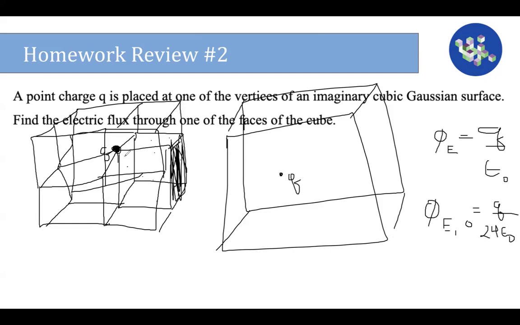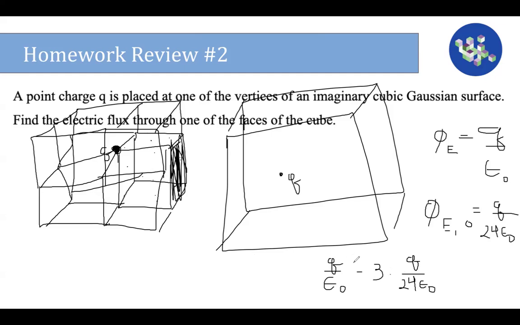Now let's find the inner faces, the ones that are touching Q. To find these, we can simply subtract from the total electric flux. We can say that our total flux, Q over epsilon naught, minus these three faces which we know have flux each of Q over 24 epsilon naught.